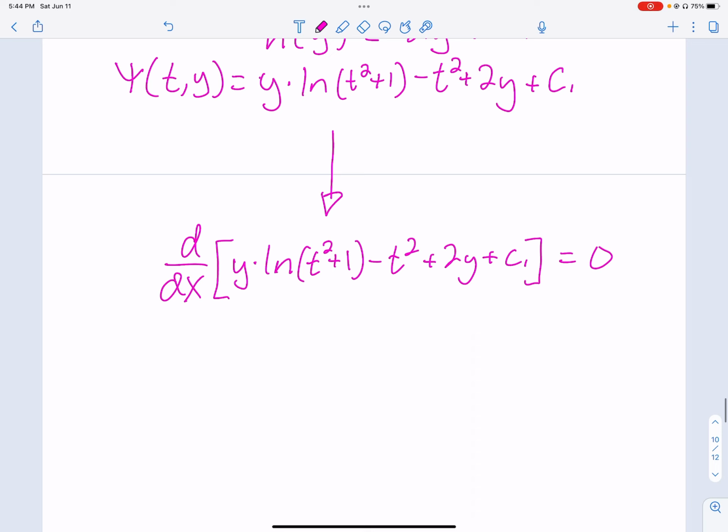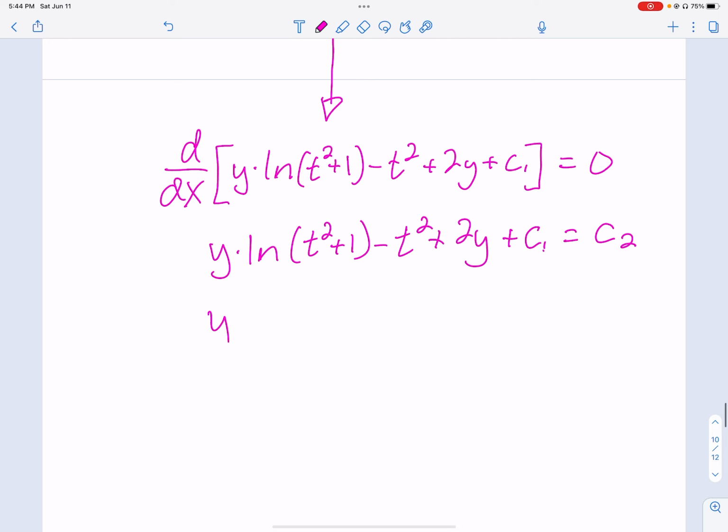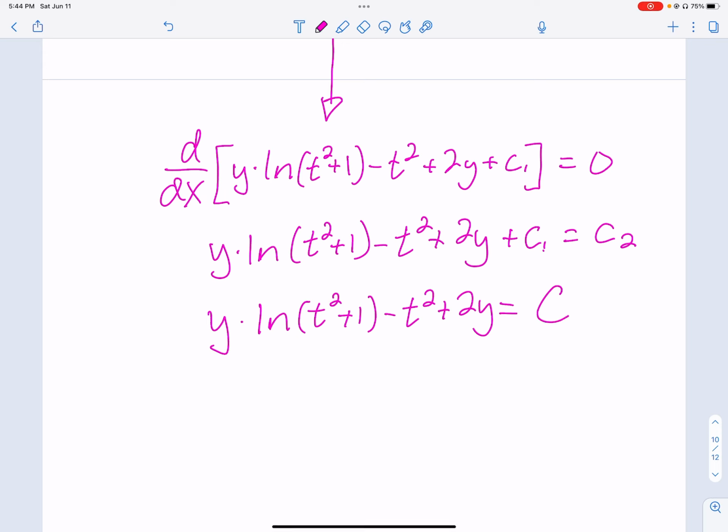Which means if I integrate both sides, I get y ln of t squared plus 1 minus t squared plus 2y plus c1 equals c2, because the integral of 0 is a constant. I'm moving that over now. y times ln of t squared plus 1 minus t squared plus 2y equals c. That is my general solution.